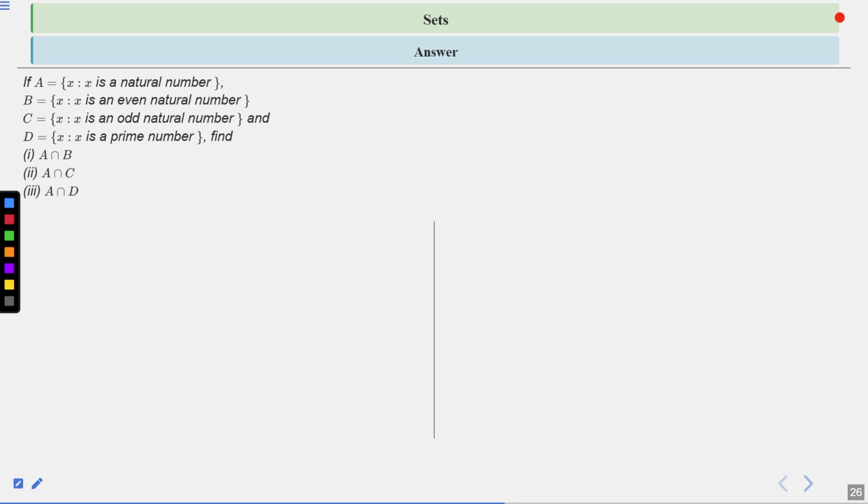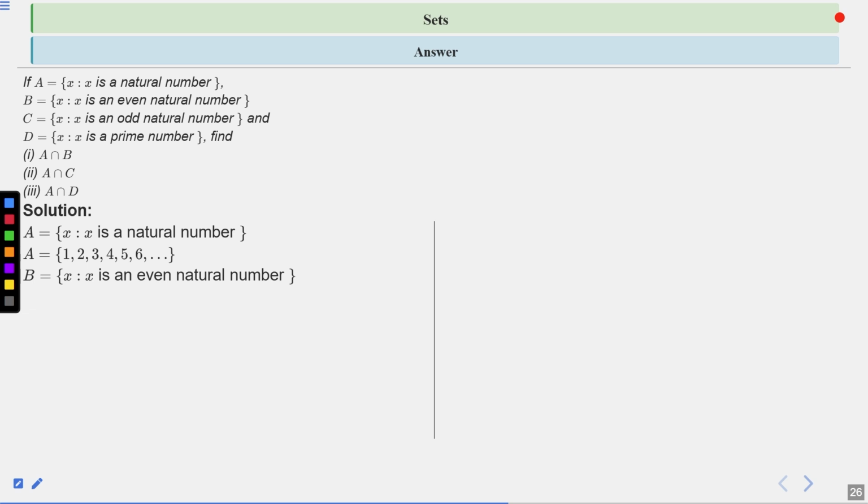Firstly, the foremost thing is to write down the roster form for each of the given four sets A, B, C, D. So solution. A is the collection of all natural numbers, so the roster form is 1, 2, 3, 4, 5, 6 till infinity. For set B, the collection of all even natural numbers: 2, 4, 6, 8 till infinity.